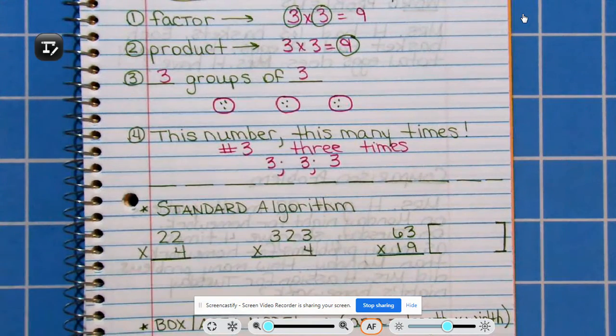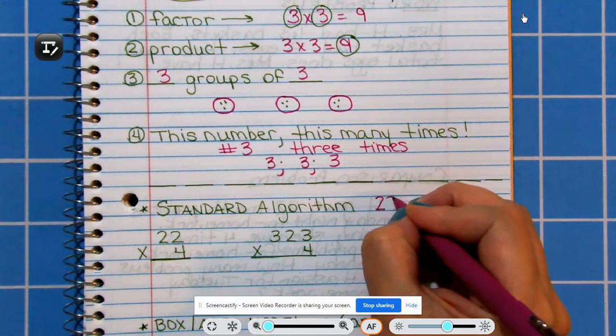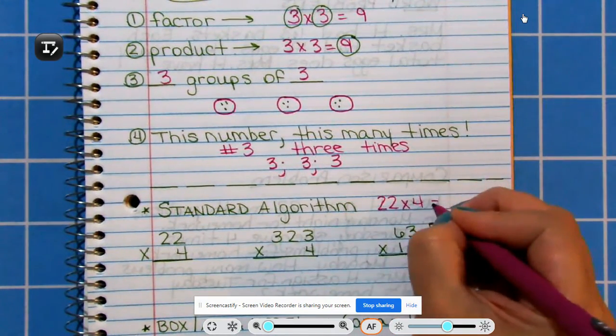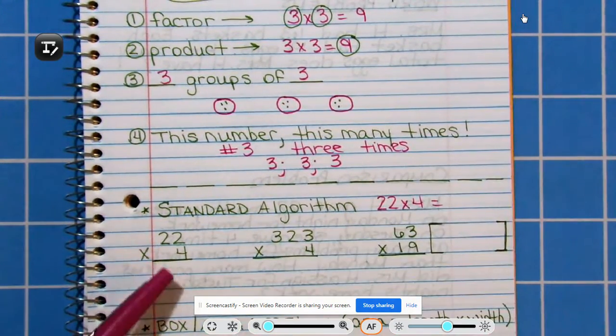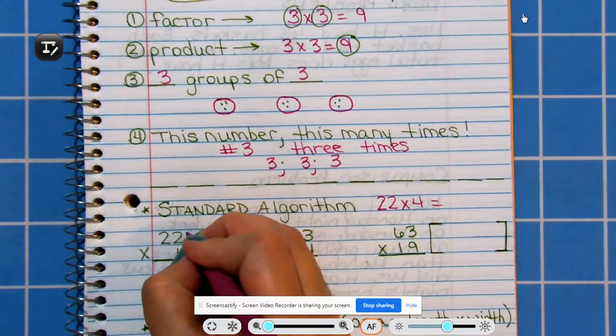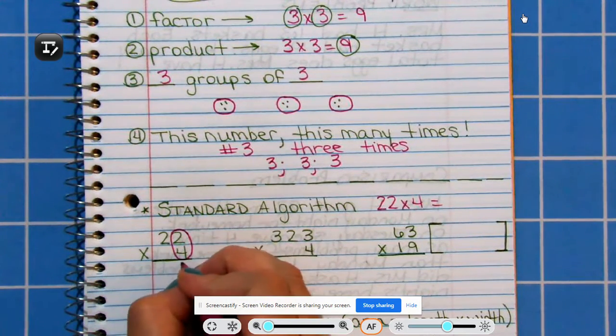When you are solving problems like this, if they give it to you written out horizontally, you have to stack it. And we talked about lining up our place values. So the first thing we do in 22 times 4, we're going to multiply 4 times 2. And that gives us 8.